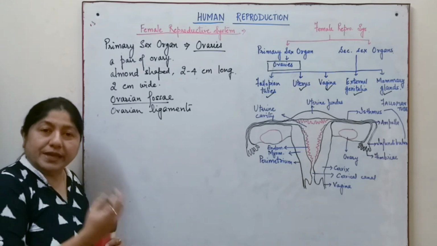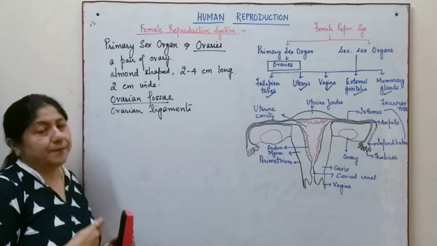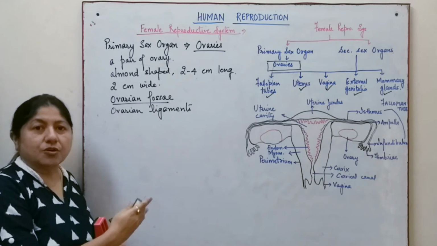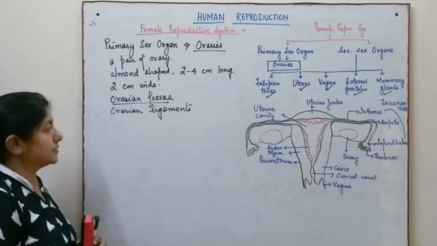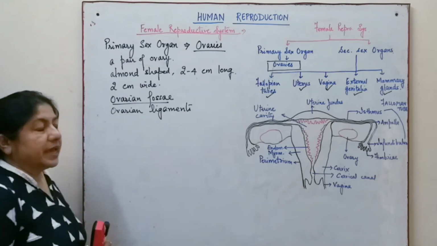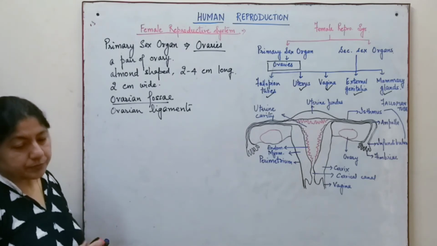So new eggs are not developed; it is a stock which is already present, and as the cycle goes on each month, one egg formation occurs in the ovaries. These ovarian ligaments, as I told, help the ovary remain fixed at a place.